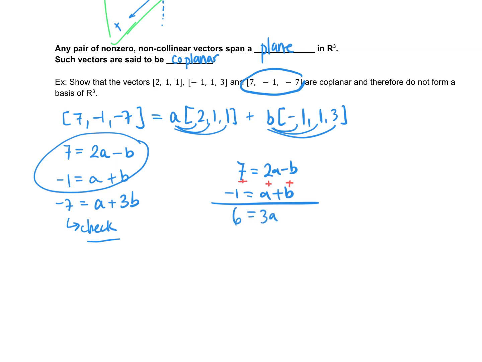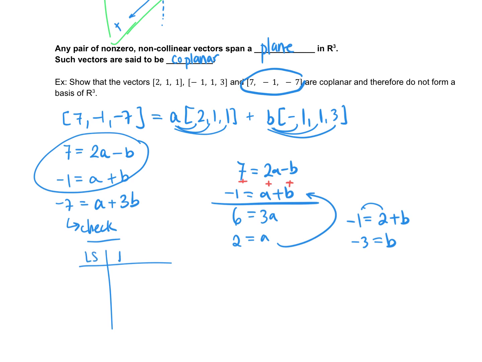So we have 6 equals 3a, and if we divide both sides by 3, a equals 2. I'm going to sub that back into one of my equations, and when I bring the 2 over, I get -3 for b. Now that's great and everything, but let's make sure it works on that third equation that we haven't touched. So I'm going to do a little left side, right side check.